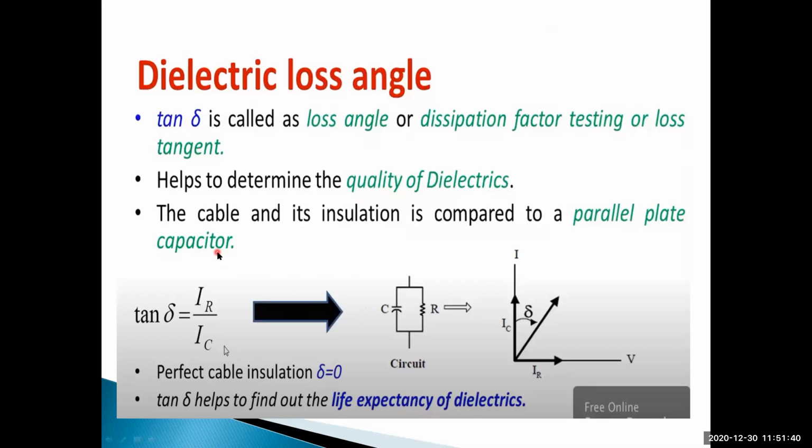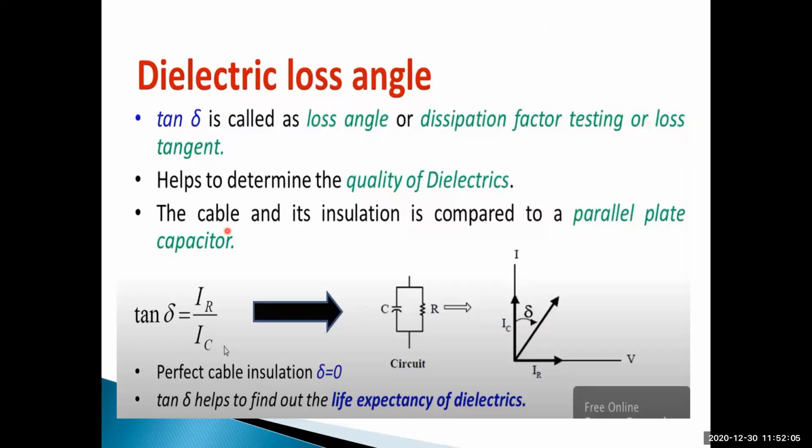The cable and its insulation can be compared to a parallel plate capacitor. Cables are just like a capacitor. By taking the parallel plate capacitor, we find the relation for the loss factor.